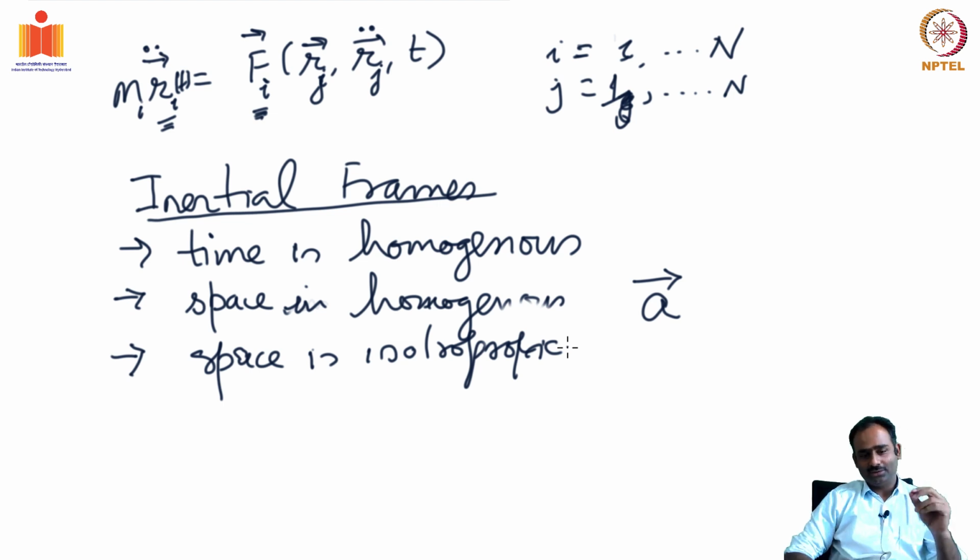Generally when you talk about inertial frames, you'll be told that if a particle is not acted upon by any forces, if it is at rest or in uniform motion, it will remain so. But now we are describing inertial frames not by appealing to what happens to a particle, but by saying what the nature of time and the nature of space is in such a frame.